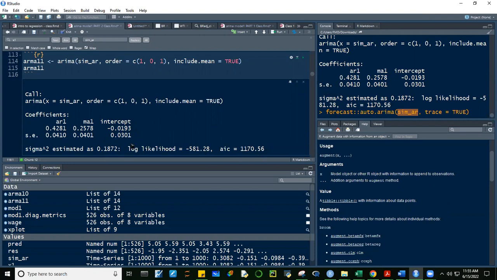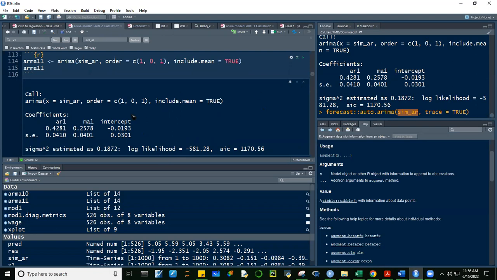Okay? Right. So this is the model daw: 0.4281 times SIMR t minus 1 plus 0.2578 times epsilon t minus 1 minus 0.0193 tapos minus a certain error term epsilon sub t. Yun ang model natin, ARIMA 1-1.